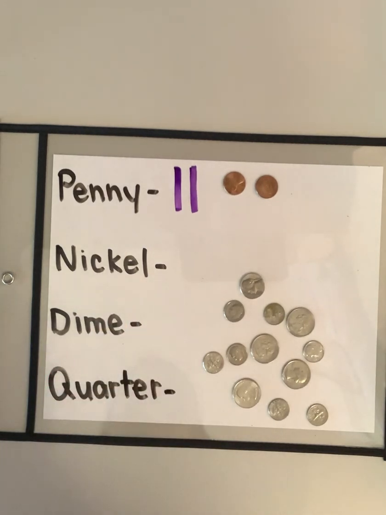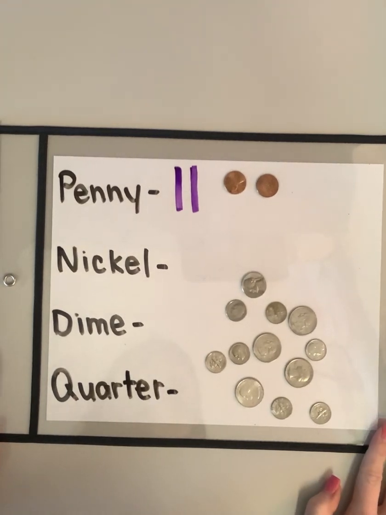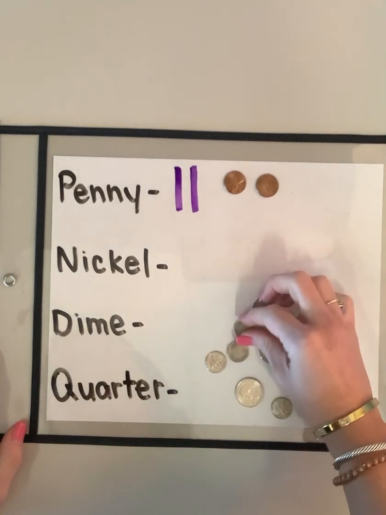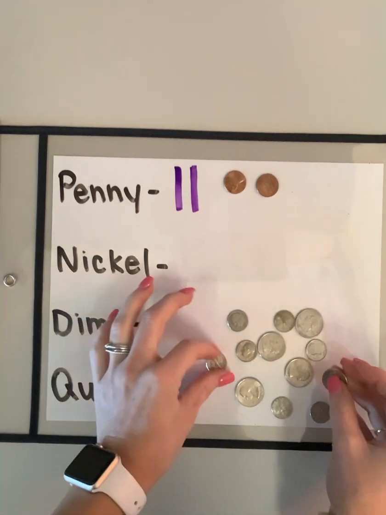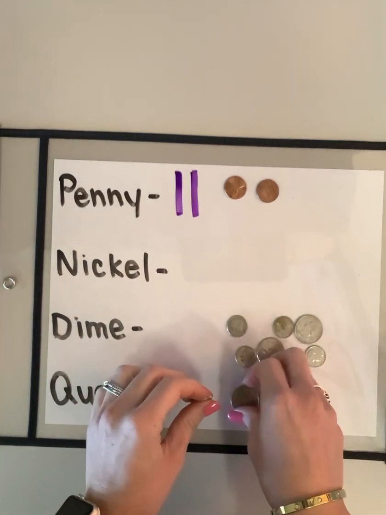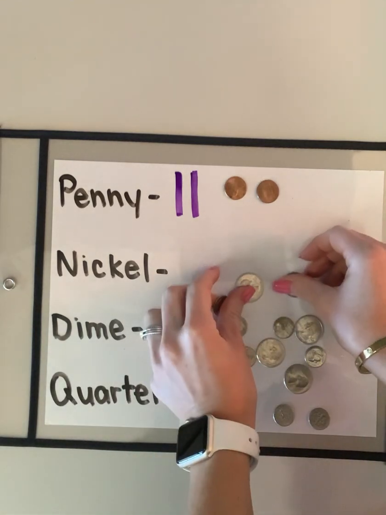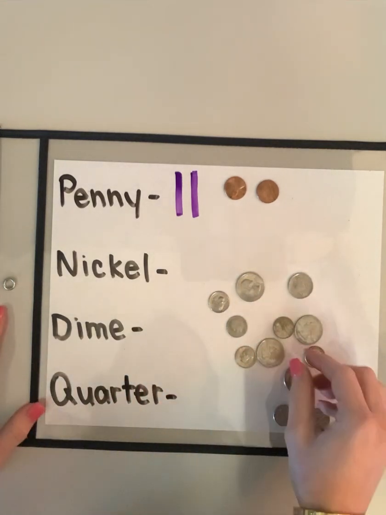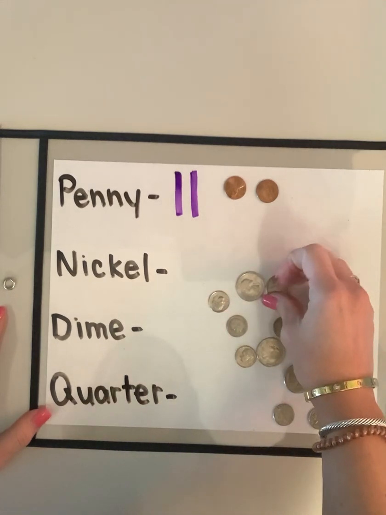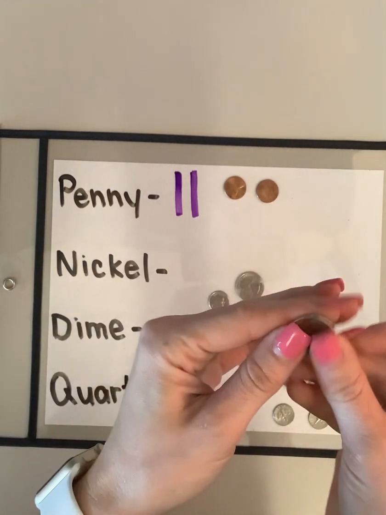Nickel, okay? Does anybody remember what a nickel looks like? On the front or the back? Or maybe the edges. Are the edges rough or are they smooth? Well, I know that the chant for the nickel tells me that the edges are smooth and the nickel is thick and fat.